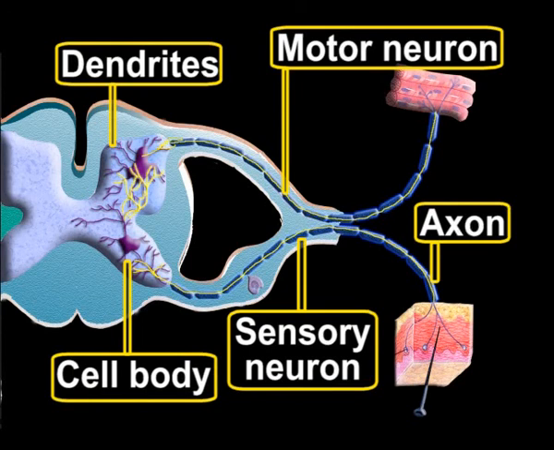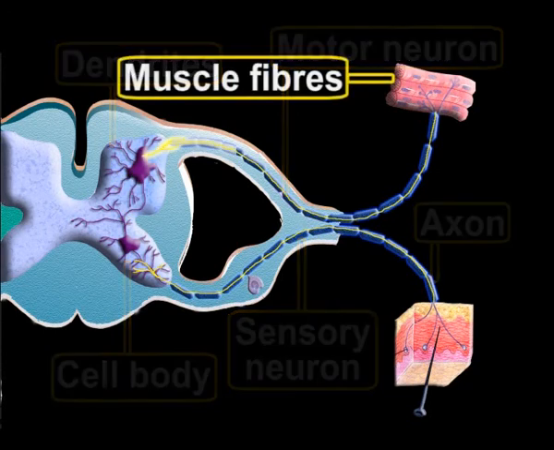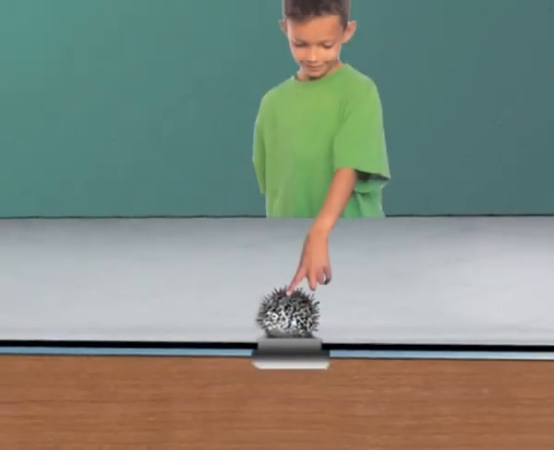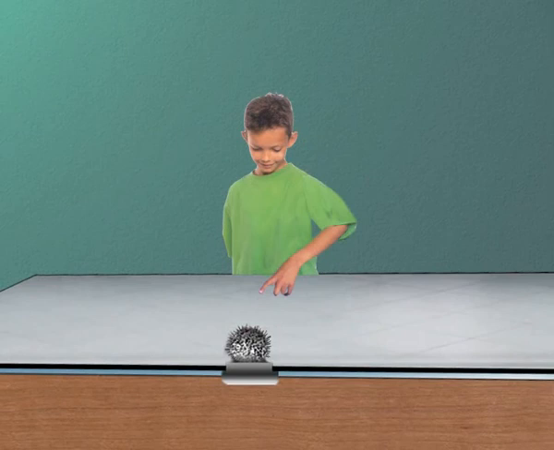The nerve impulses travel along the axon to muscle fibers, which then contract, and thus we withdraw our hand from the sharp object.